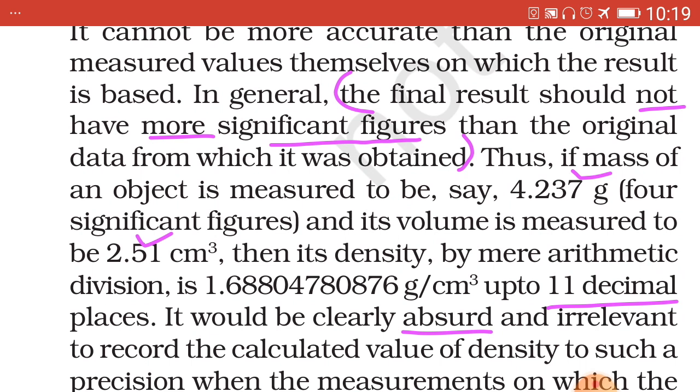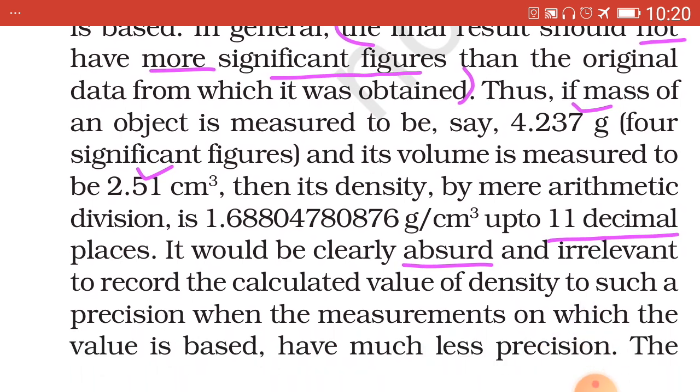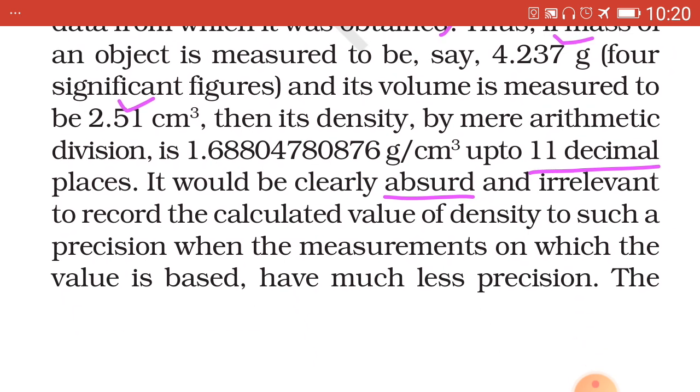Now if we want to calculate its density, that is mass density, density equal to mass upon volume, the exact simplification would lead to 1.688 and so on, gram upon centimeter cube, unit of density, up to 11 decimal places, which is quite absurd. Absurd means irrelevant, meaningless.